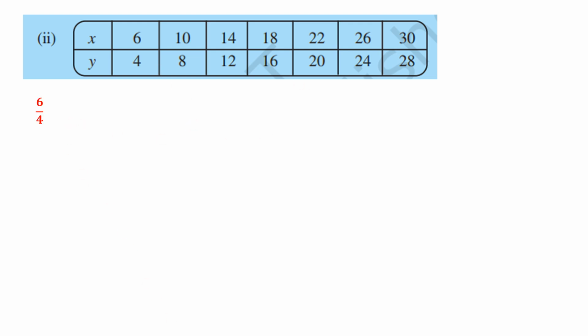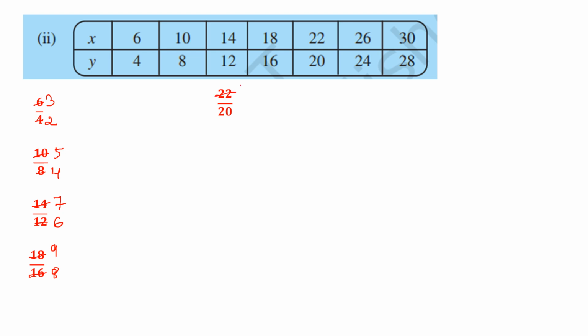So the first one is 6 by 4. It is the 2 table: 2 3s are 6, 2 2s are 4. So in the first case, my ratio is 3 by 2. Now the second case: 2 5s are 10, 2 4s are 8, then 2 7s are 14, 2 6s are 12, 2 9s are 18, 2 8s are 16.